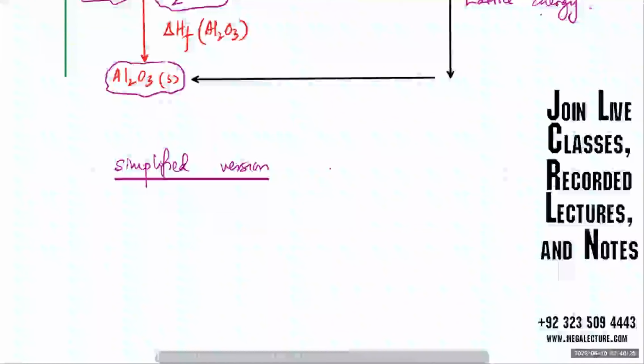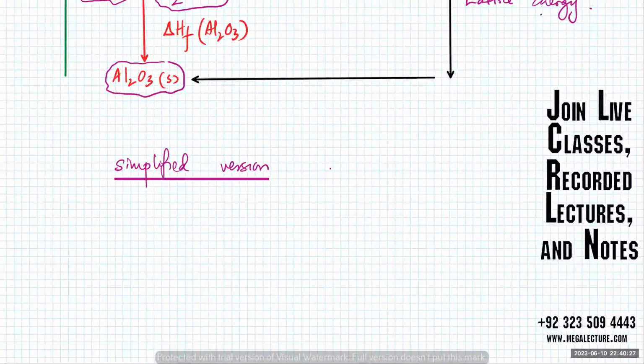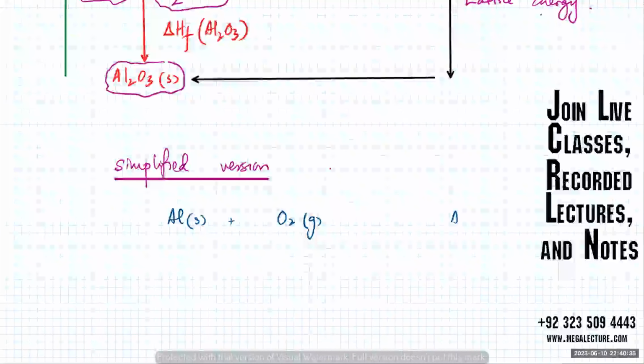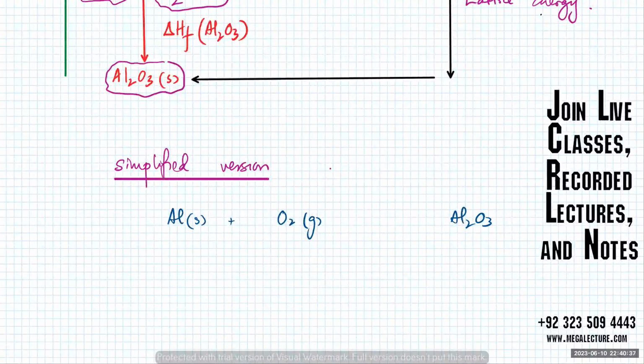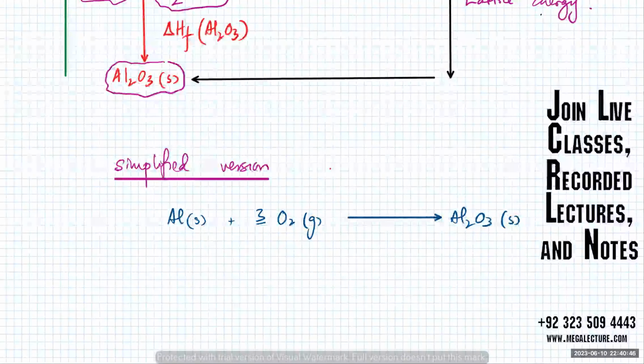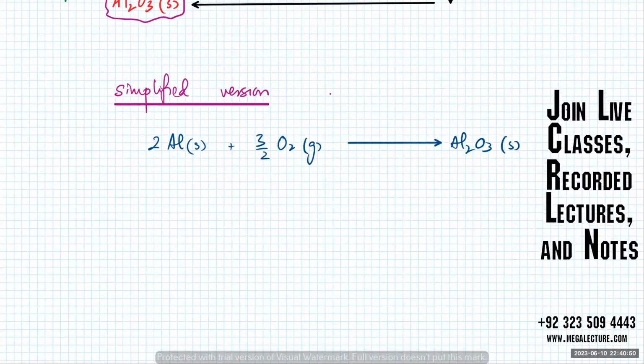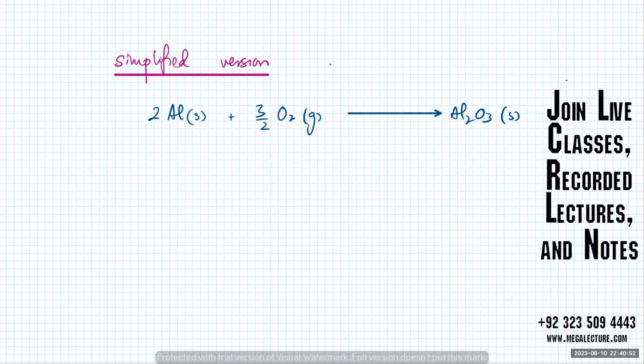So the simplified version is I got aluminium, solid elements forming aluminium oxide. And there are 3/2 O2 and 2Al solid. What you need to do is first atomize.